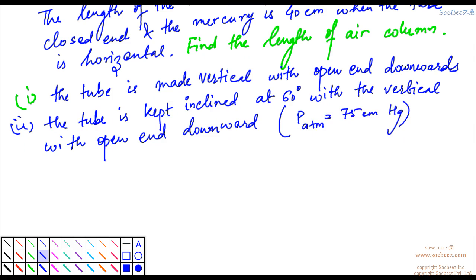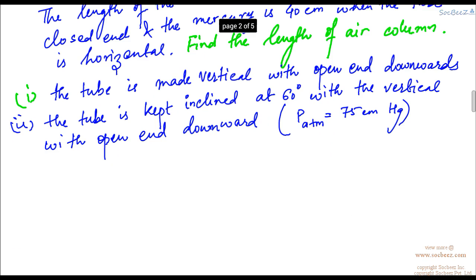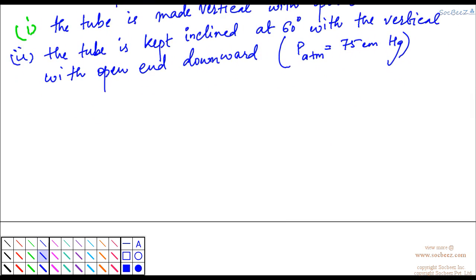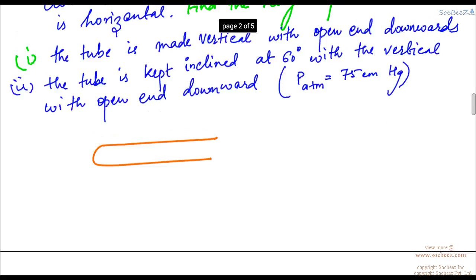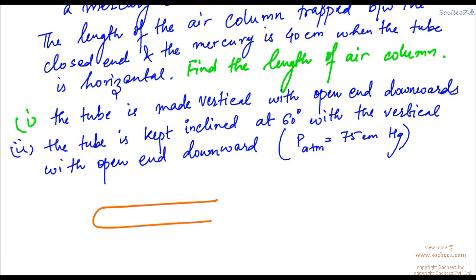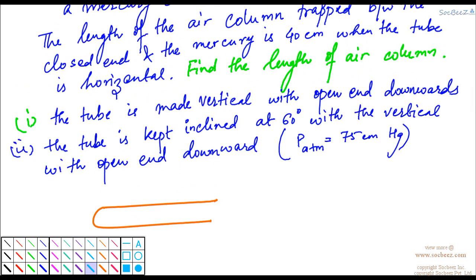Right. So first let's try and understand what the question is trying to say. Basically you have a test tube like structure. When it was kept horizontally, you had a mercury column in it, and the air column. The length of the mercury column is given to us as 15 centimeter. So there is a mercury column like this. When the mercury was inserted into the test tube, there would have been air in it.